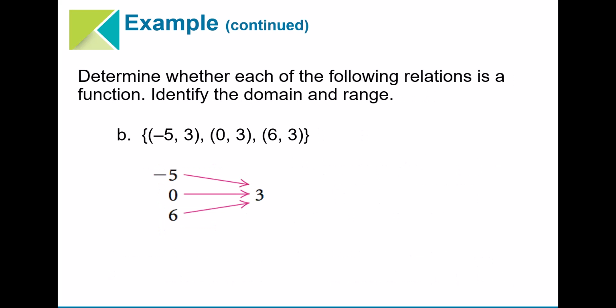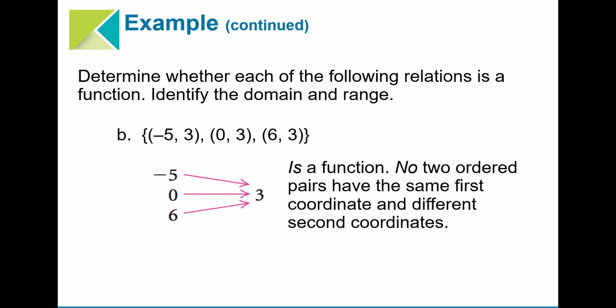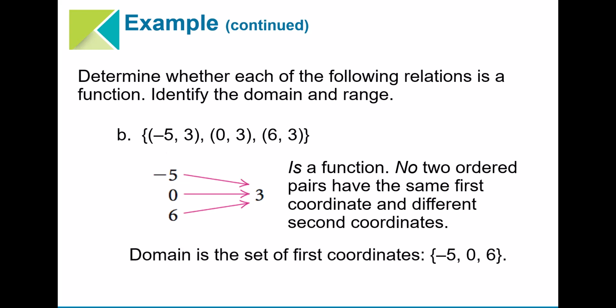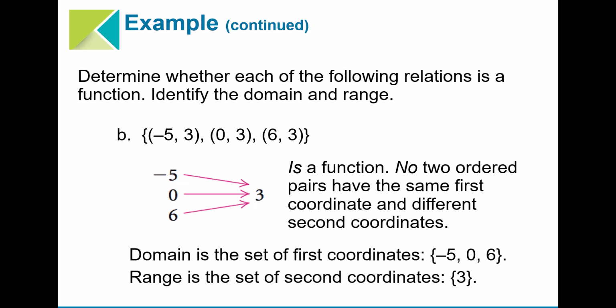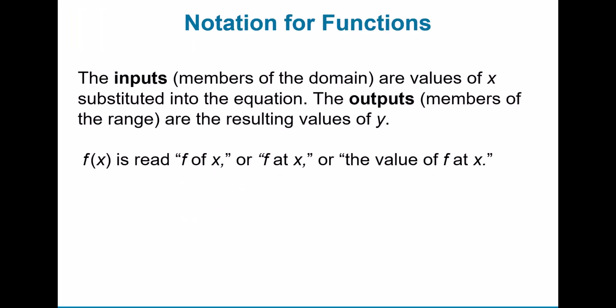This one's kind of funny because notice all the outputs are 3s, but each input is still okay, so no two ordered pairs have the same first coordinate, and we can see our domain, the x values, and then our range, the y values. So always think of your domain as your input and your range as your output.